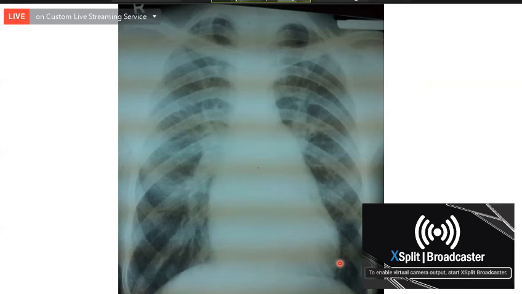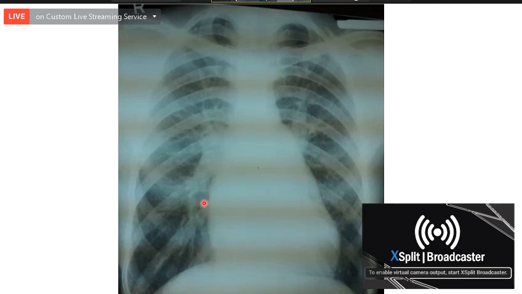You look at the angle between the cardiac silhouette and the diaphragm. In a patient with left atrial enlargement, it is the angle between the heart and the left atrium, the angle between the heart and the diaphragm.